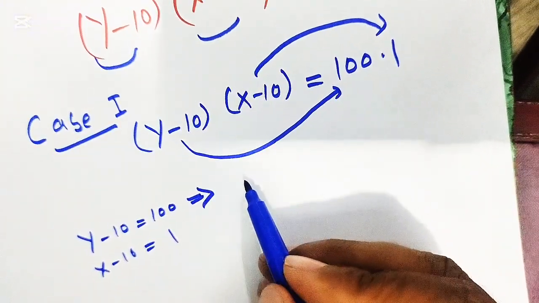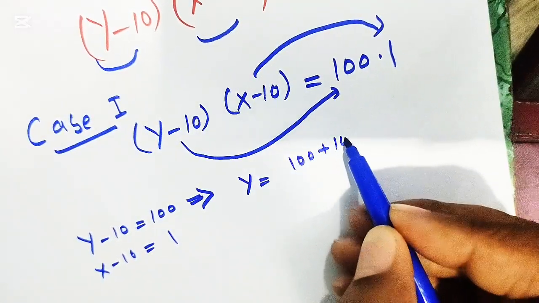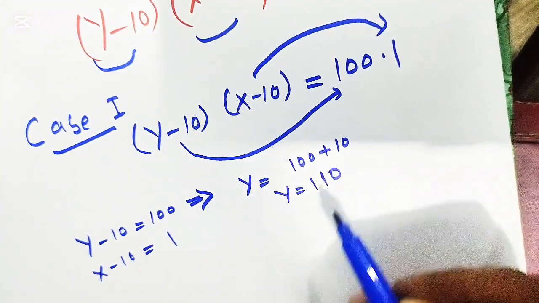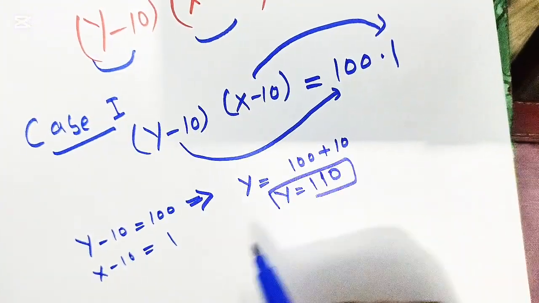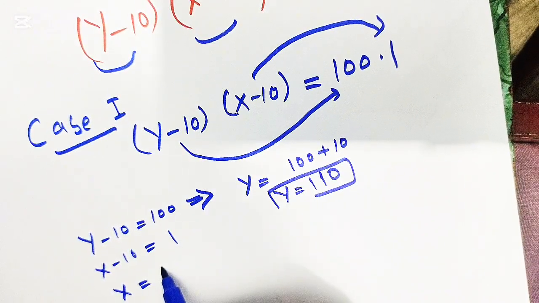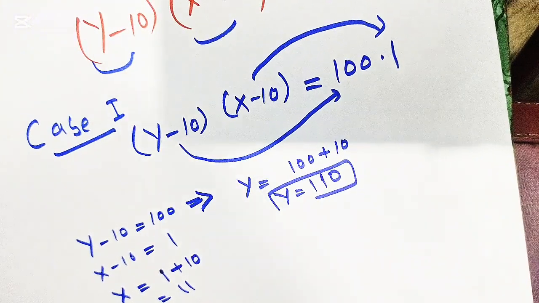Simply, y is equal to 100 plus 10, so y is equal to 110, and x is equal to 1 plus 10, which is 11.